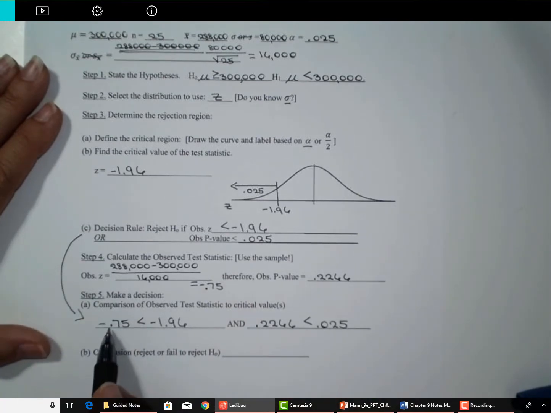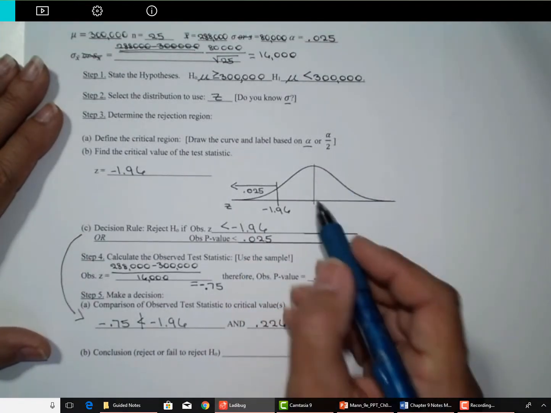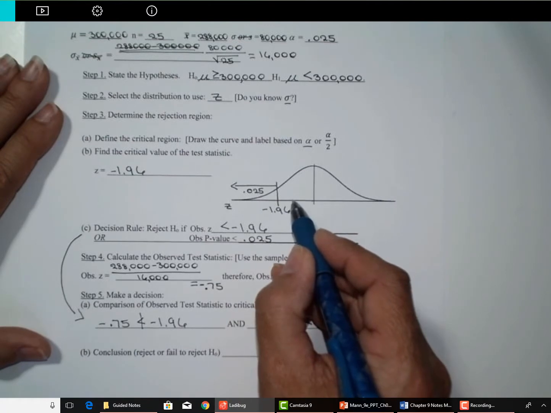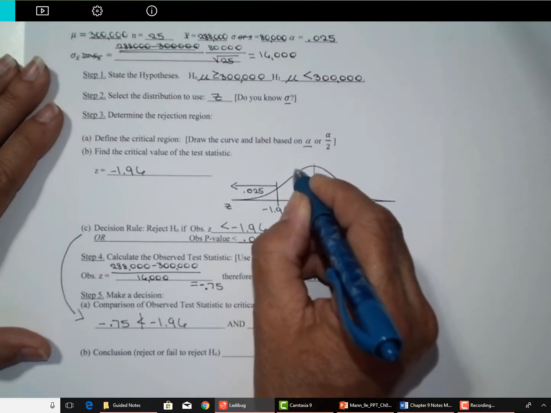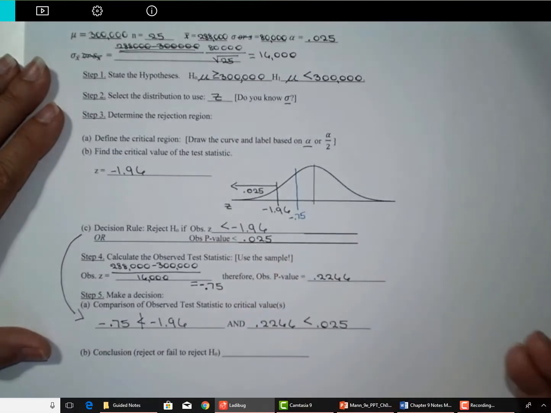Well, a negative 0.75 is really not less than a negative 1.96. Let's place it on our graph up here on our curve, and you would see a negative 0.75 is above a negative 1.